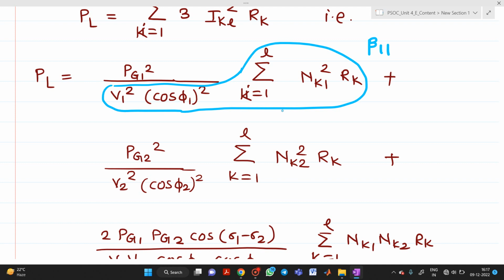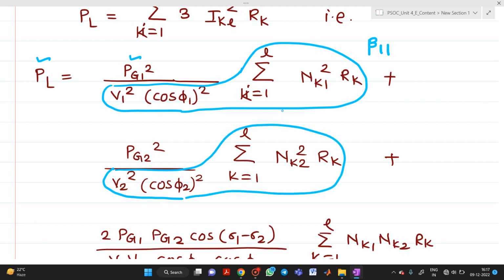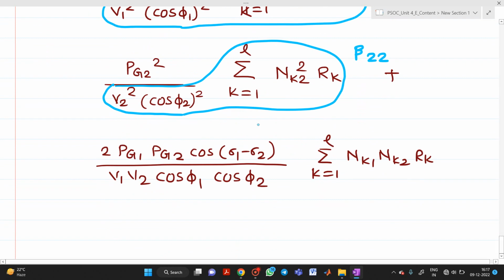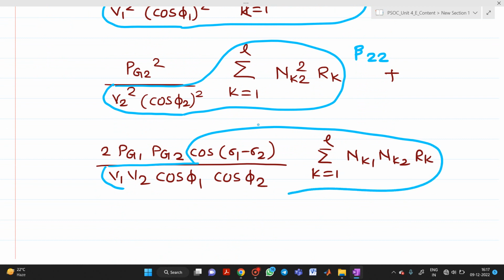So this is your power loss, and this is the real power generation. The remaining terms we will treat as constants. So this is beta 1 1. This other term is called beta 2 2, and the remaining term, from this to this term, is called beta 1 2.